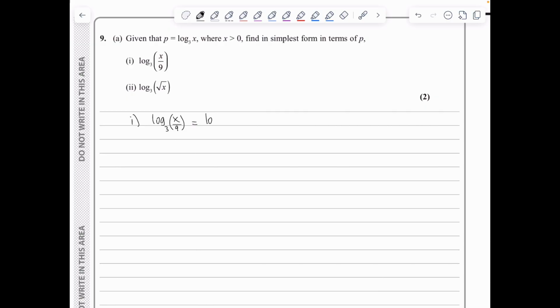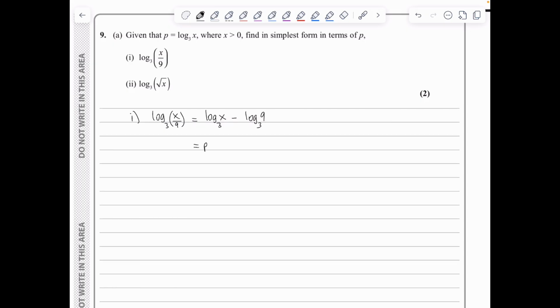So we're looking at log of x base 3 minus log of 9 base 3. Now obviously log of x base 3 is p, and log of 9 base 3 is log of 3 squared base 3. So we're looking at p minus 2 log 3 base 3, and we know that log of 3 base 3 is 1, and all in all we're looking at p minus 2.